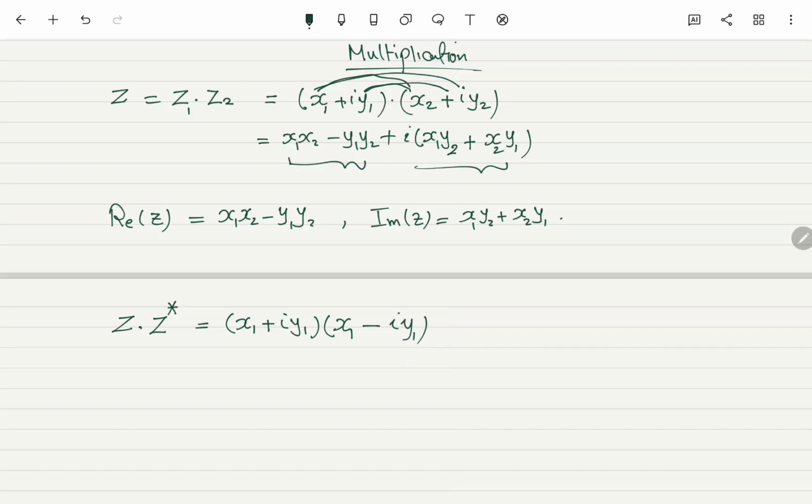You do this, you will find x squared plus y squared, or |z| squared, which is r squared, by the way, in polar coordinates. And therefore |z| equals the square root of x squared plus y squared, or the square root of z times its complex conjugate.